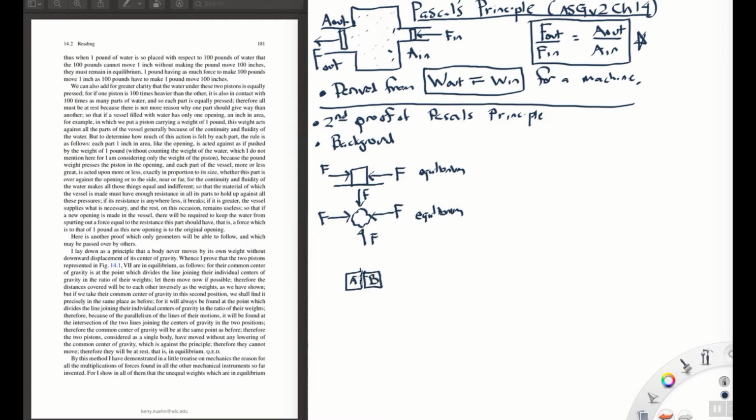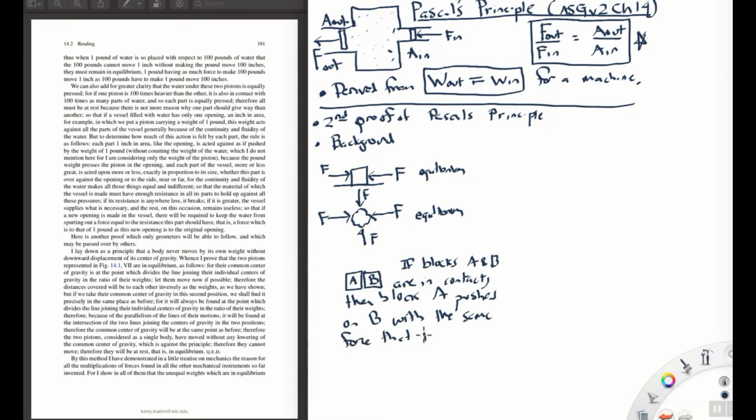And so what's going to happen is block A is going to be pushing on block B, and block B in turn is going to be pushing back on block A. So here's a fundamental piece of information that we're going to need to keep in mind: if blocks A and B are in contact, then block A pushes on B with the same force that B pushes back on A.